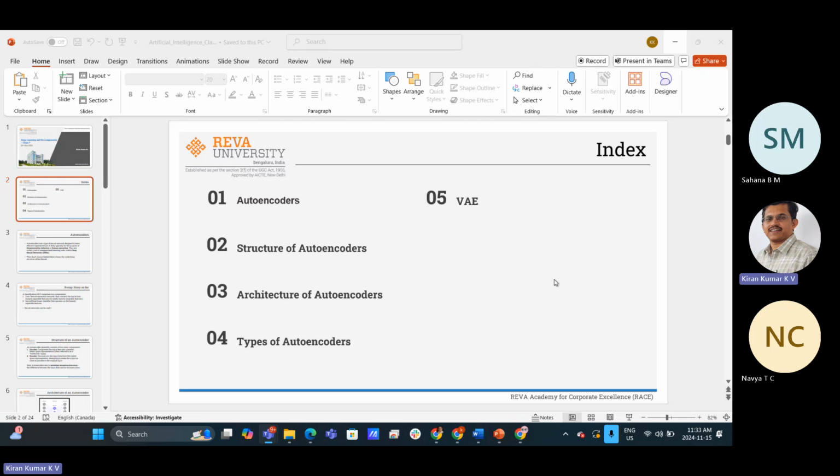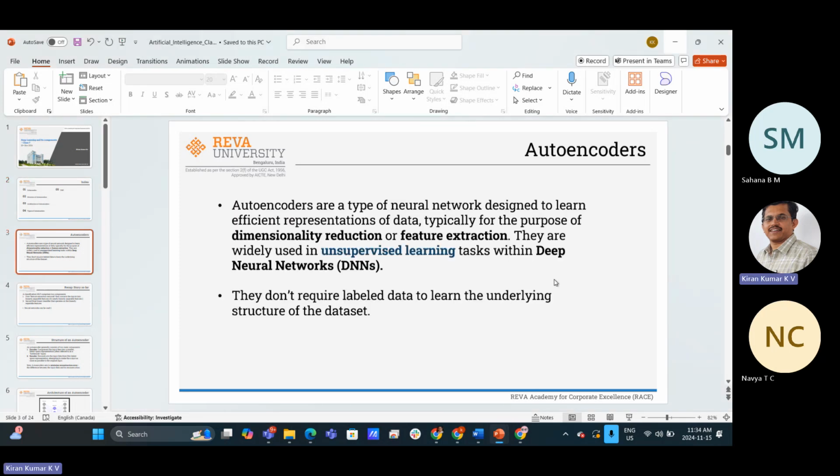So in order to understand VAE, you need to understand what autoencoders are. So what's an autoencoder? Since we talked about it before also, an autoencoder is a type of unsupervised learning, an unsupervised neural network, mainly used in feature extraction and dimensionality reduction.